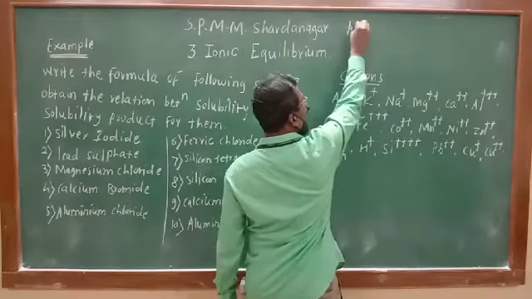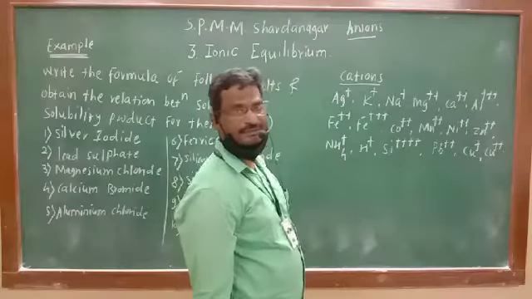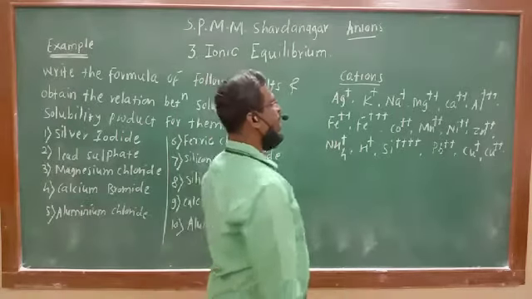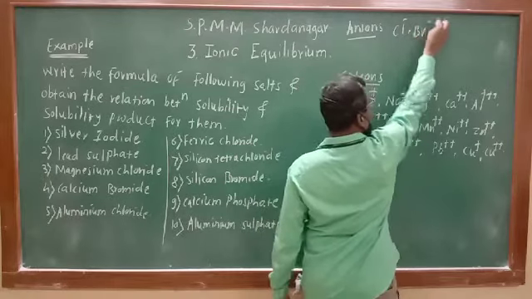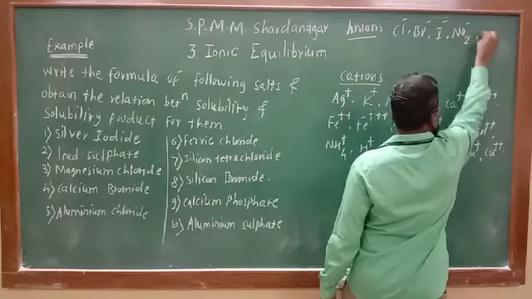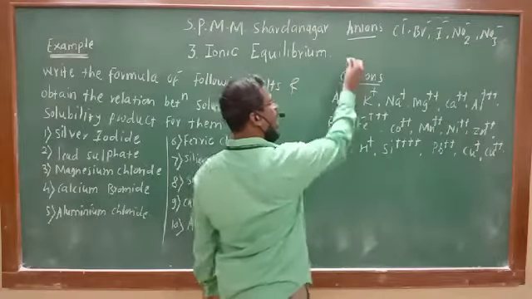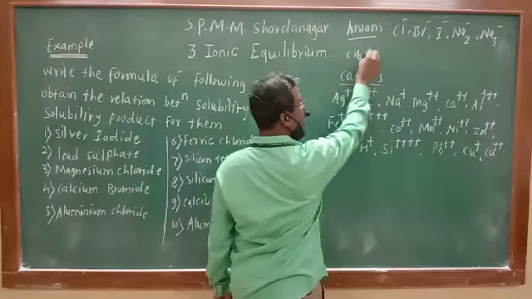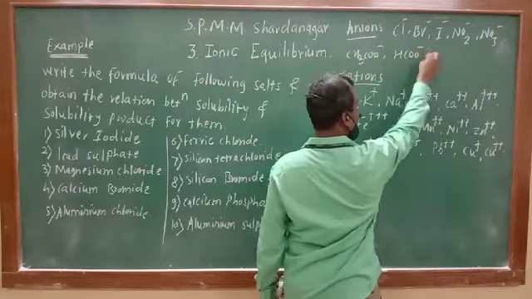Anions are those which have a negative charge and they are known as acidic radicals. Anions are the acidic radicals which carry negative charge. So which anions do you know? Cl-, Br-, I-, then NO2-, then NO3-, then acetate, CH3COO-, formate, HCOO-.